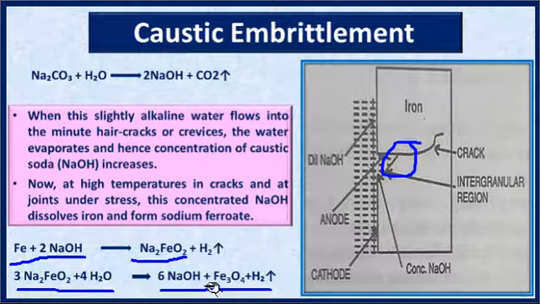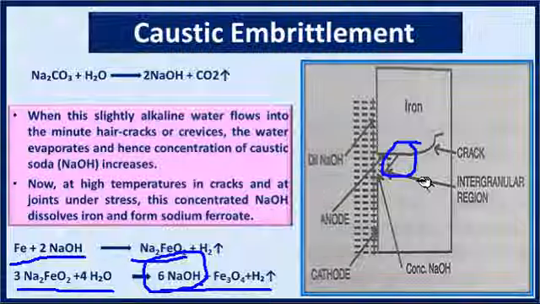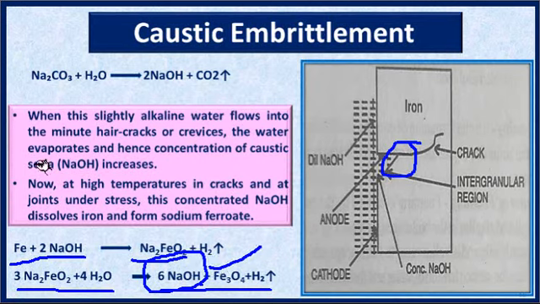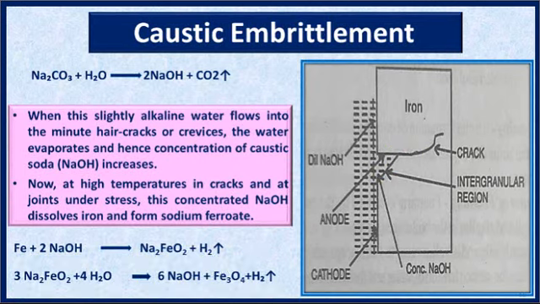In this reaction also there is the formation of NaOH. So the water present in the hair cracks or crevices of the boiler surface becomes more alkaline due to the excessive generation of NaOH in this reaction. In this way, slowly the inner boiler material becomes weak due to the inner corrosion of the boiler material.